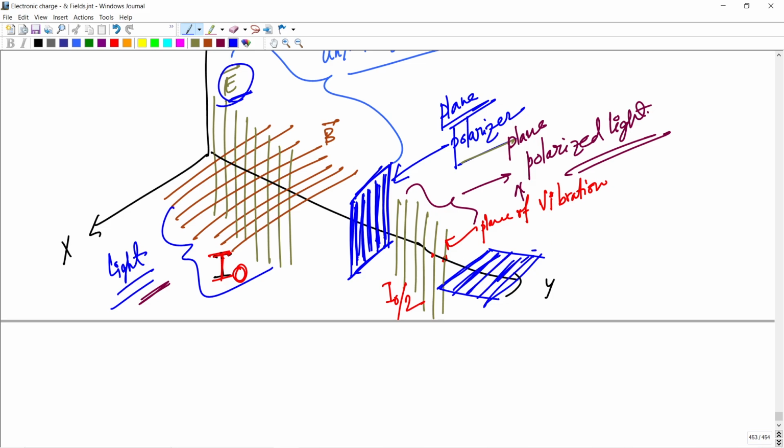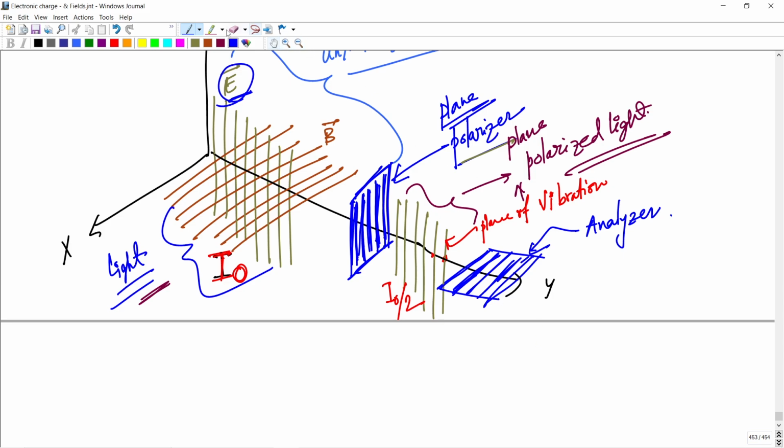This plane is called the plane polarizer, and this is called the analyzer plane. The axis of the analyzer is the x axis, but the plane of vibration is in the z direction, so it is not totally blocked here.